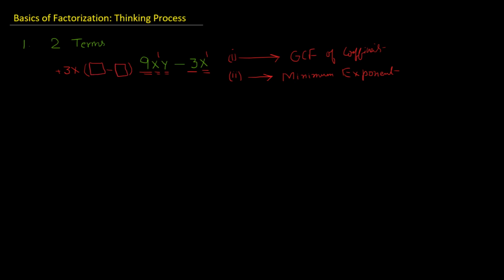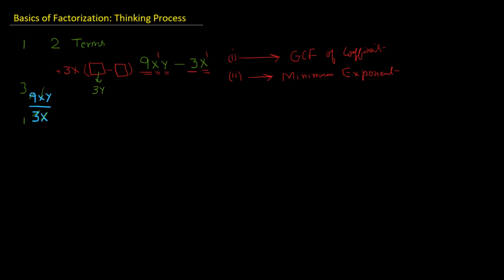I have already explained this in the taking common lecture, but I'll repeat it quickly. 9xy is the original term, so you divide the original term by the term which you have taken common. When you cancel this x with this x, and 3 goes 3 times, 3y will be left inside. 3y. So this is the way we take common.